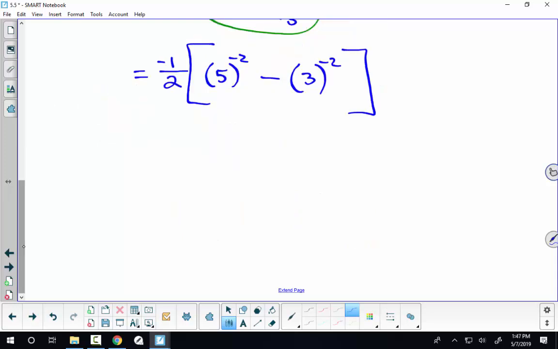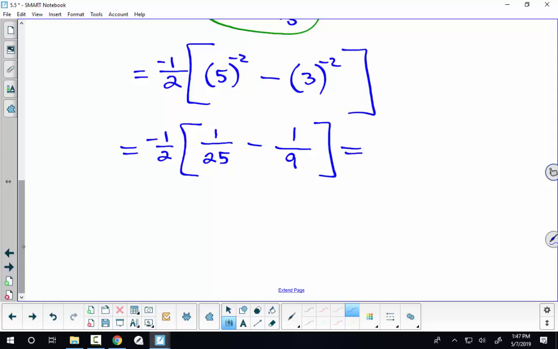So negative powers, we have that -1/2. This is going to be 1 over 25 minus 1 over 9, all times -1/2. Common denominator, etc. We've got 8 over 225.